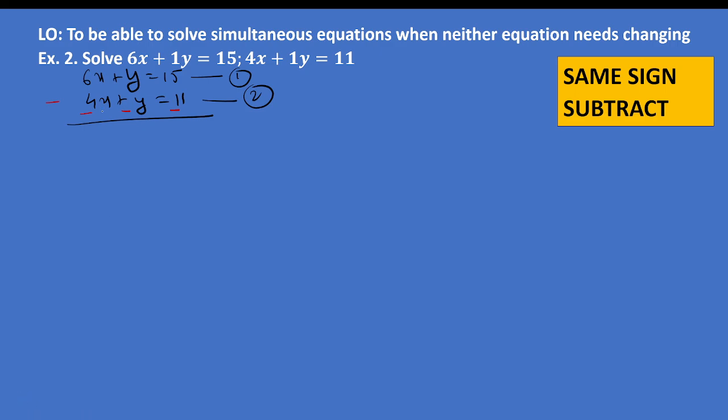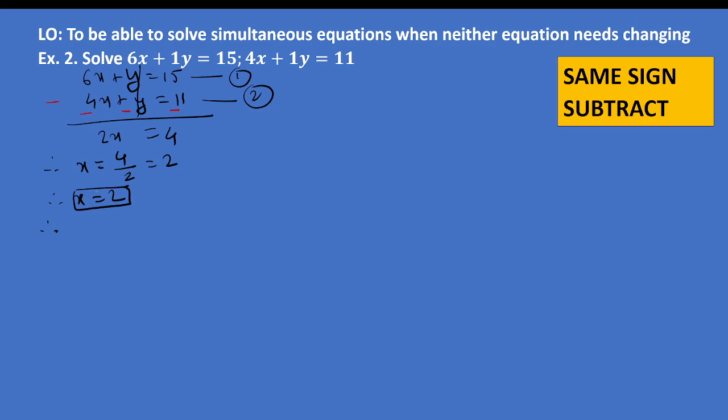Okay, so now 6x minus 4x is going to be 2x, and the y term will vanish completely. Now 15 minus 11 is 4. So therefore x which I'm getting here is 4 divided by 2, which is nothing but 2. So the value of x is 2.